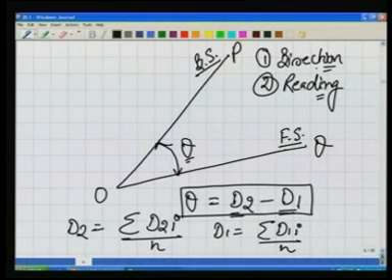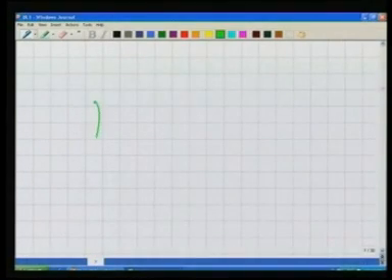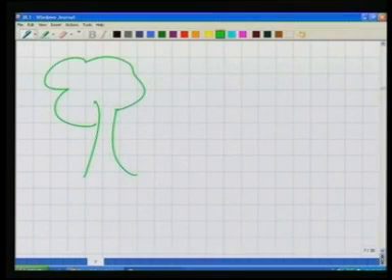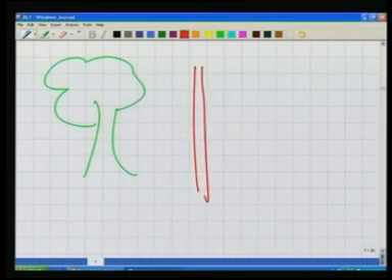Because when I am bisecting, what is the meaning of bisection? For example, let us say if there is a tree, or maybe let us say there is a ranging rod here. Let us be more precise, because in case of a tree, where to bisect will be more of a confusion. Let us take a case of the ranging rod.